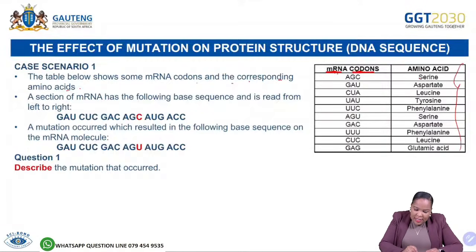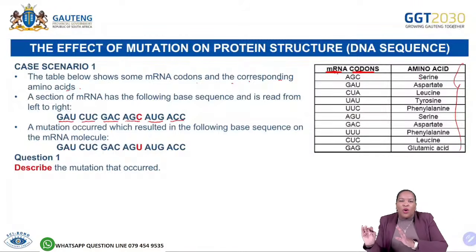Right. Then it says a section of mRNA has the following base sequence and is read from left to right. So this is the sequence. You have GAU, CUC, GAC, AGC, AUG, and ACC. So that is the sequence on mRNA, we are told.